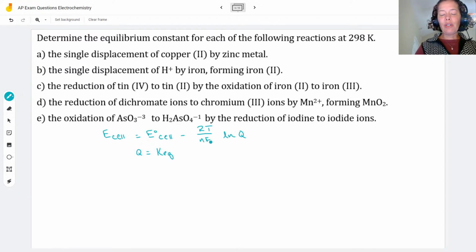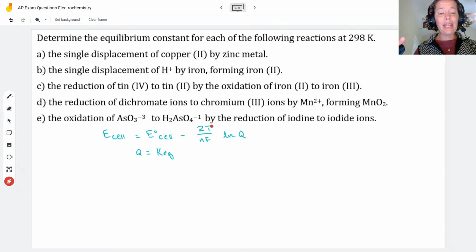Now, one thing I want to do is simplify all these constants because I don't want to constantly be plugging in RT and F, because they are going to be the same for all these. So of course, R is your universal gas constant. Your temperature is given here. So it's 298, which is 25 degrees C. And of course, you have Faraday's constant, which the AP exam will give you.